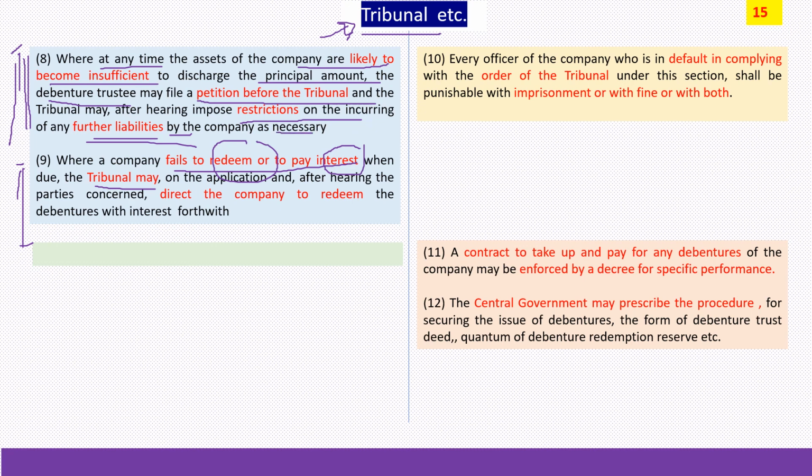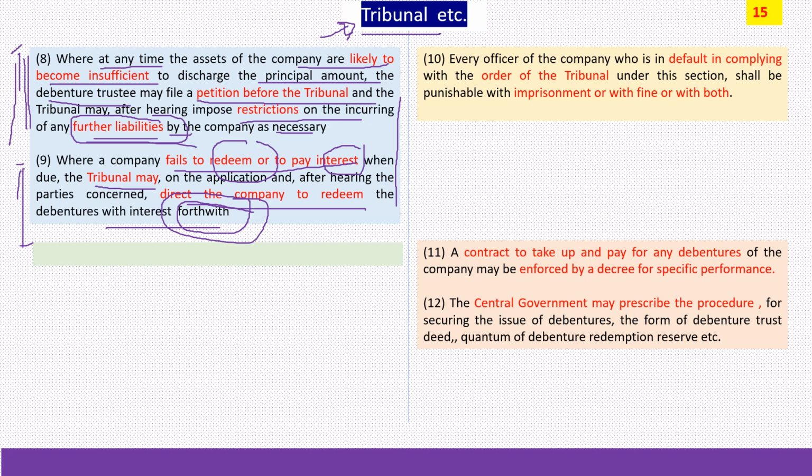In the first case, it may ask the party to stop further liabilities, and in the case of actual failure, it can direct the company to enforce the security that they have and force the company to redeem the debentures immediately without waiting for any more delay. These are the two situations where the tribunal can be approached.